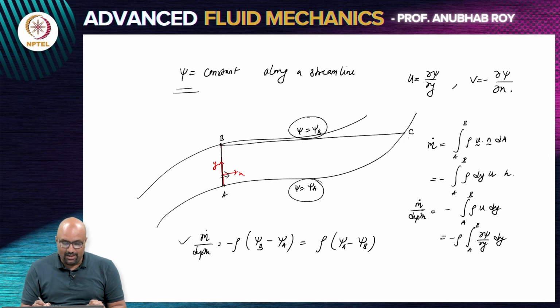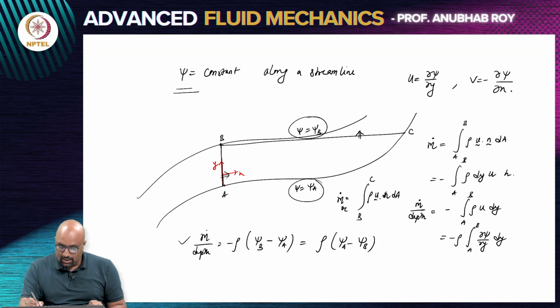If I now try to find the mass flow rate leaving that line BC, I will integrate from B to C rho u dot n dA.